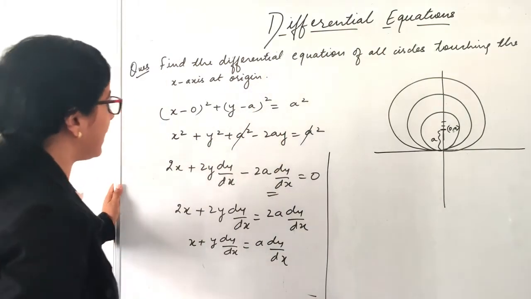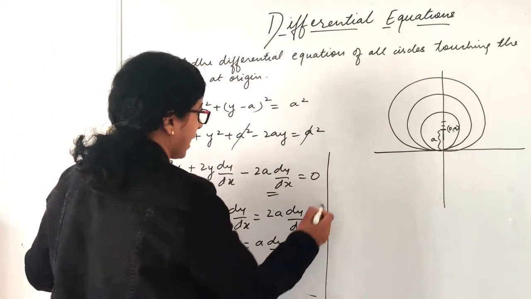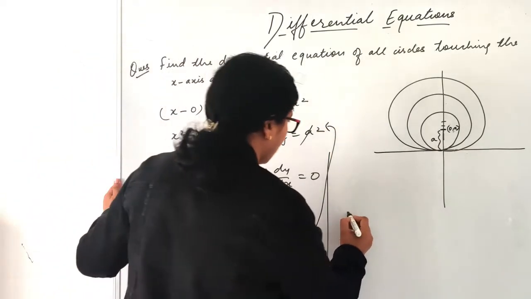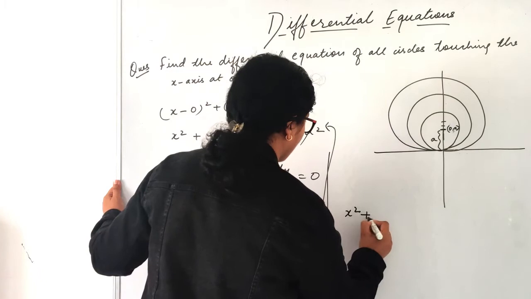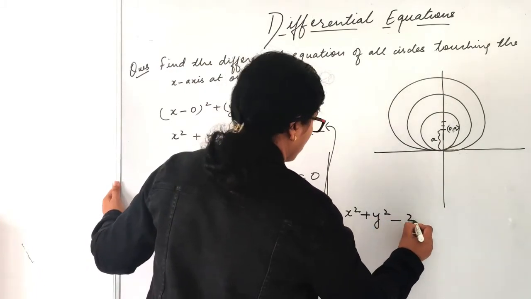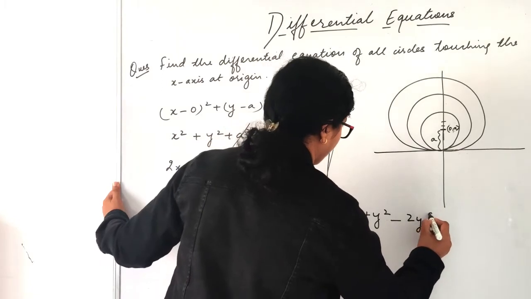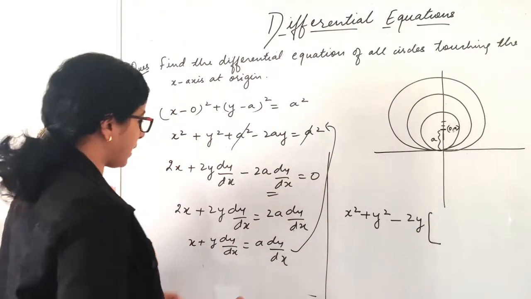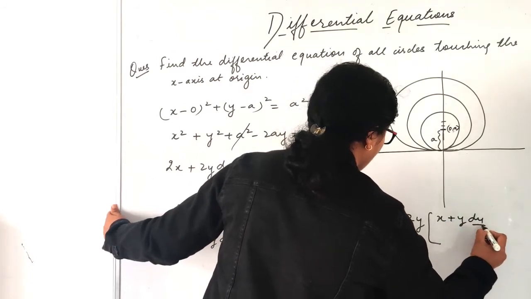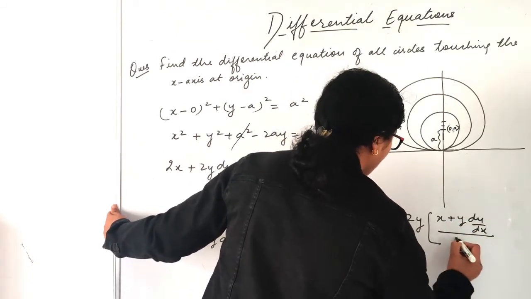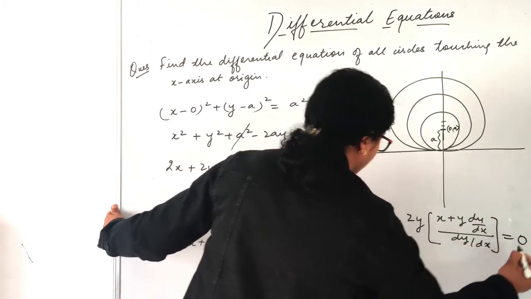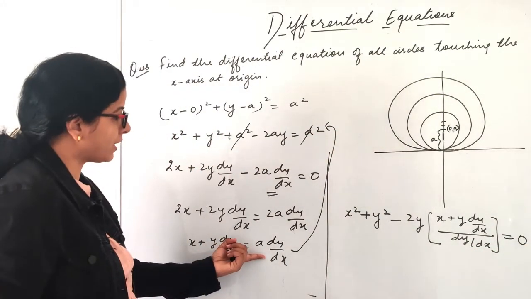Now let us substitute this value in this equation, okay? So basically I have x square plus y square minus 2y. Let us substitute the value of a. So I am getting here (x plus y dy by dx) upon dy by dx equals to 0. I have to find the value of a, right?